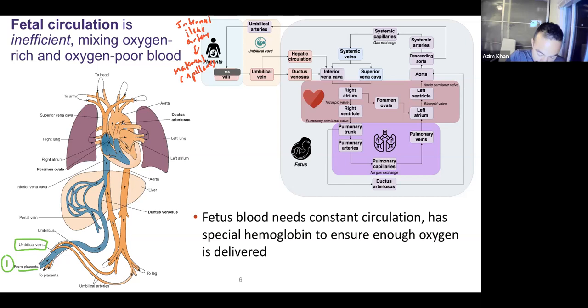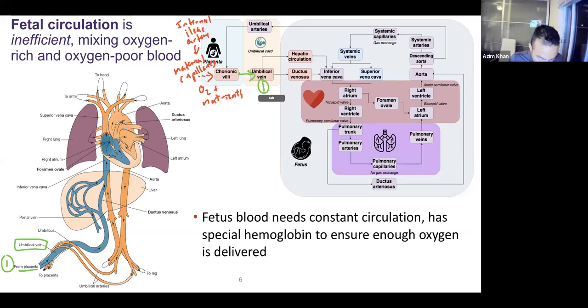And those maternal capillaries release oxygen and nutrients to the chorionic villi of the fetus, or just outside of the fetus. Those oxygen and nutrients travel to the umbilical vein, and that's where we are here in step one.